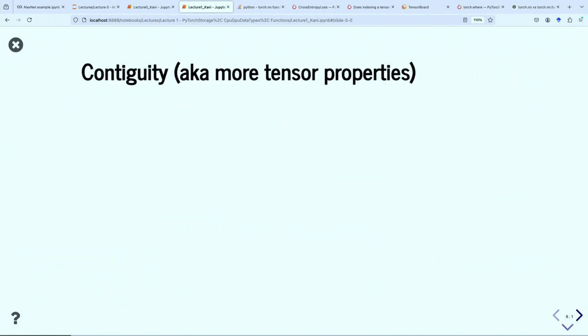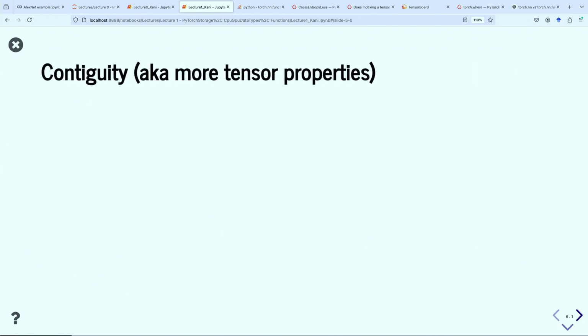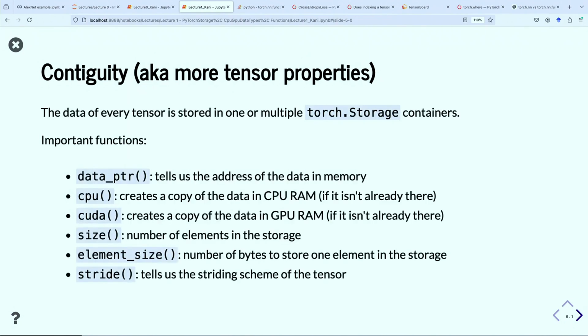Okay, so talking about memory, let's continue our discussion on tensors. Last time we talked about strides and tensor views versus actual memory allocations. This time, let's continue on with that and talk about contiguity.